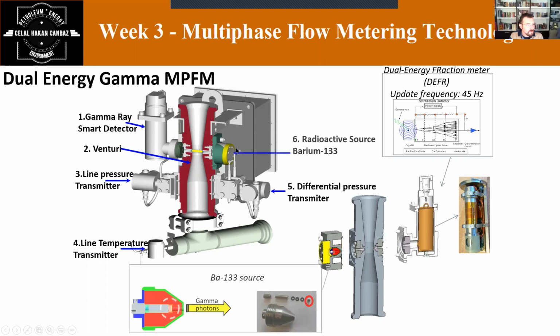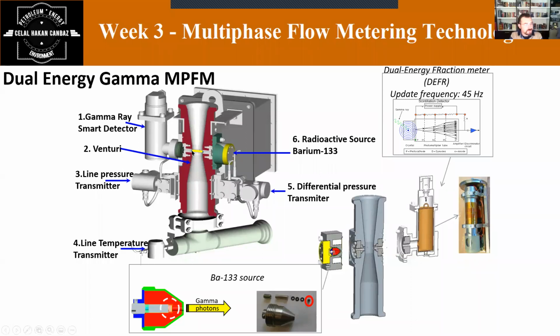Another thing, we have a radioactive source. This device uses barium 133 as the source, and it gives gamma photons through the center of your venturi, which has the lowest radius.